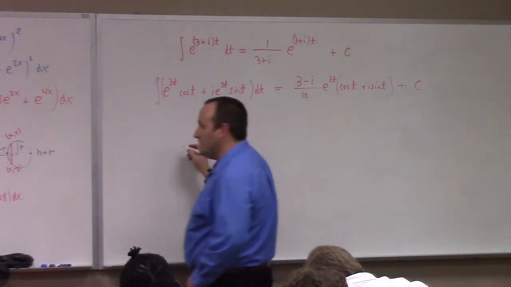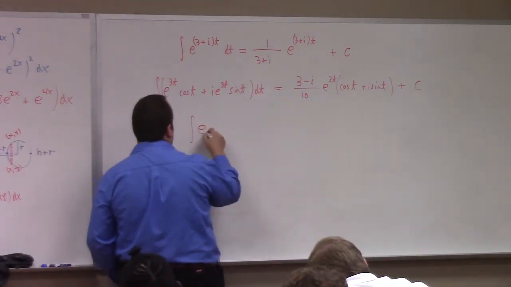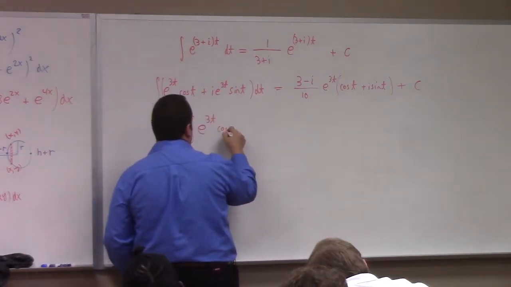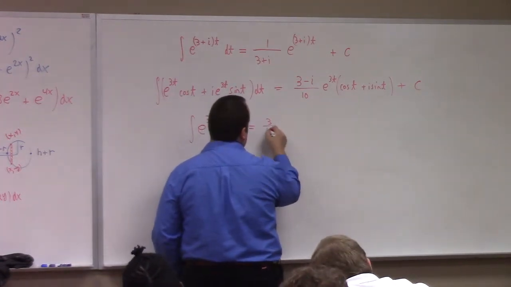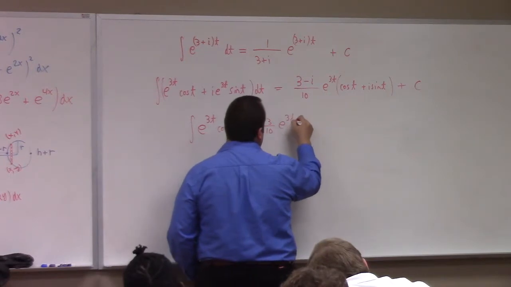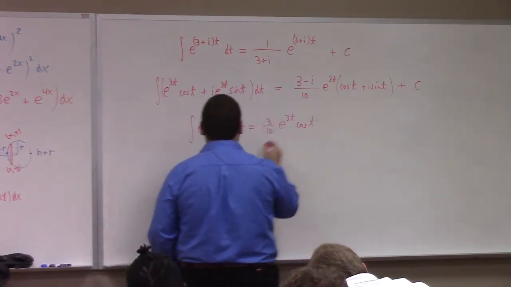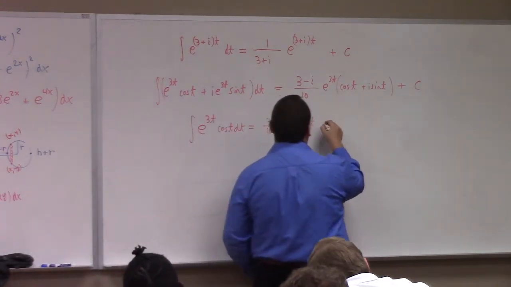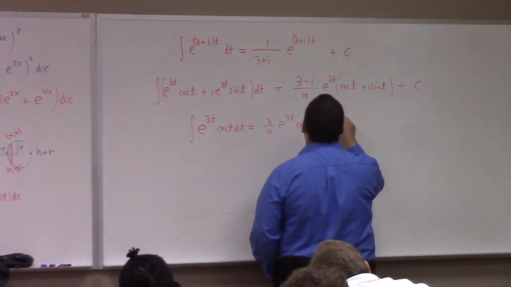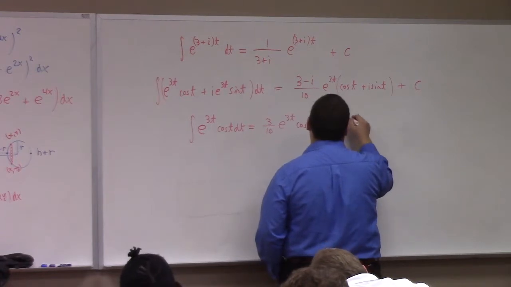And from this, I can read off that the integral of e to the 3t cosine t dt is equal to 3/10 e to the 3t cosine t plus 1/10 e to the 3t sine t.